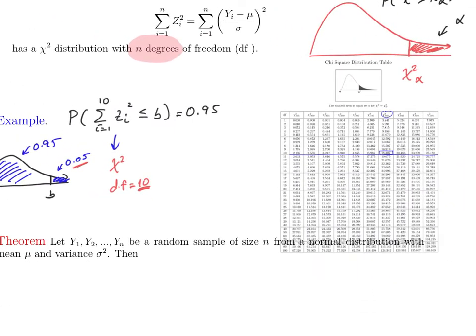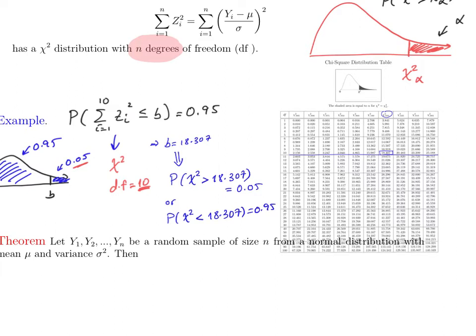So therefore, this implies that the value for b is 18.307. Okay, so notice that this is equivalent to saying this: the probability that chi-square is greater than 18.307 is the same thing as 0.05, or this is the same thing as saying that the probability that chi-square is less than 18.307 is equal to 0.95.